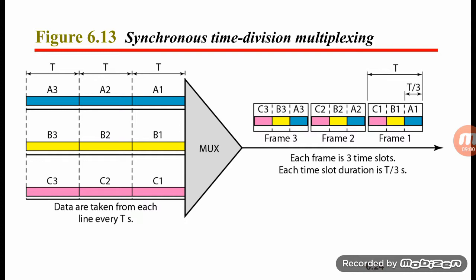But what happens next? If you have another one, A2, then you have B2, and then you have C2, right? So again, here is T, T, T. The problem is that here, A has to wait for 2T more time before it can transmit another bit, right?